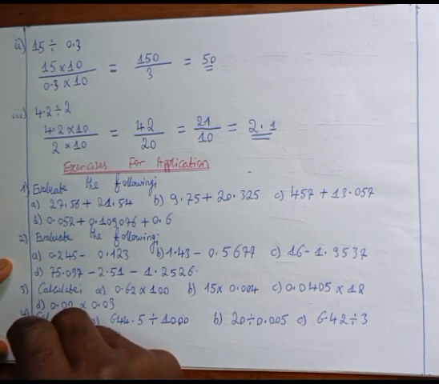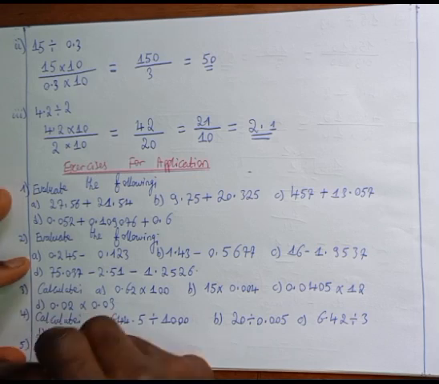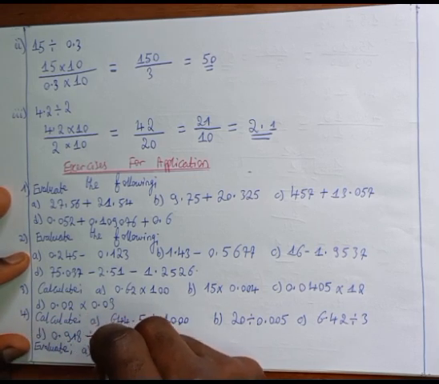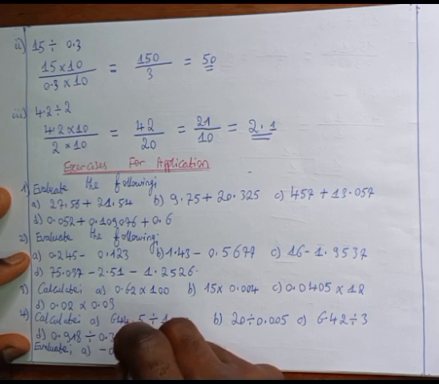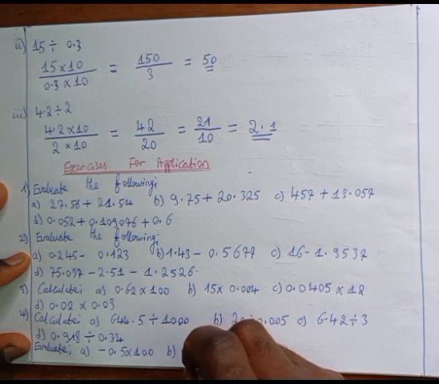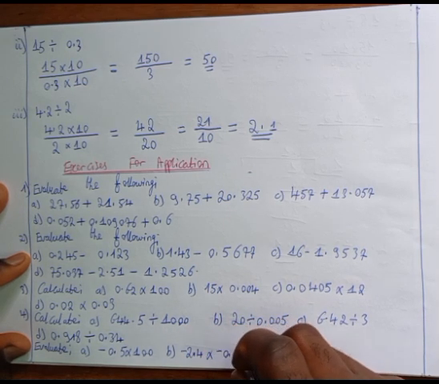Question 5. It says evaluate the following. A, we have negative 0.5 times 100. B, we have negative 2.4 times negative 0.6.